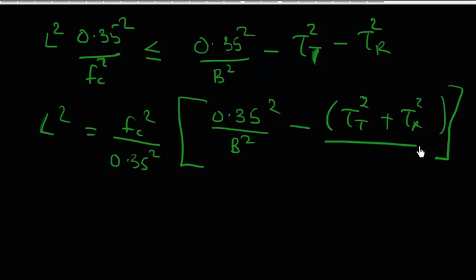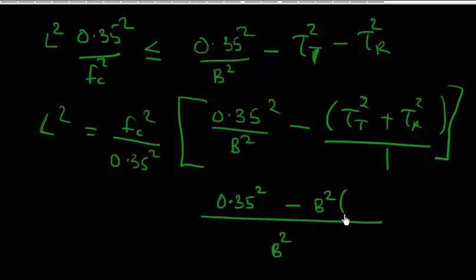So this is like over 1, isn't it? What's common between them is B square, right? What do I have here? Minus B square times, then I have this guy under.